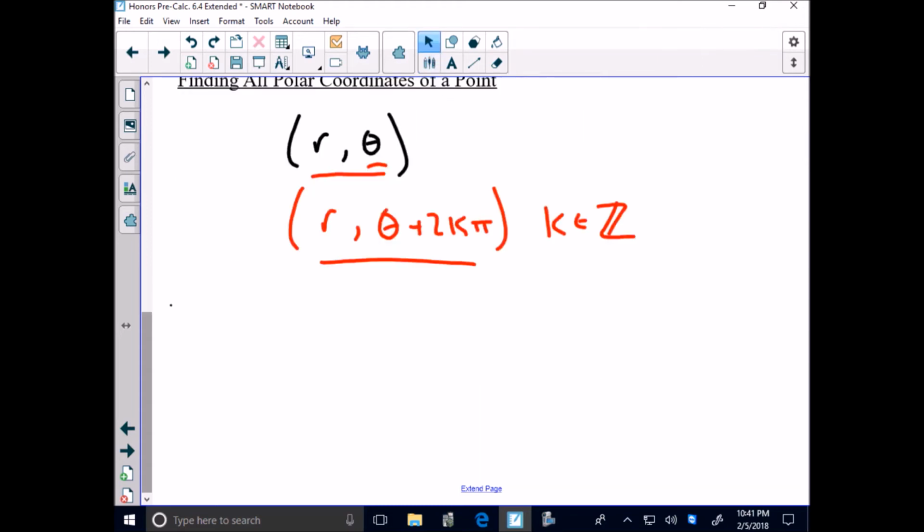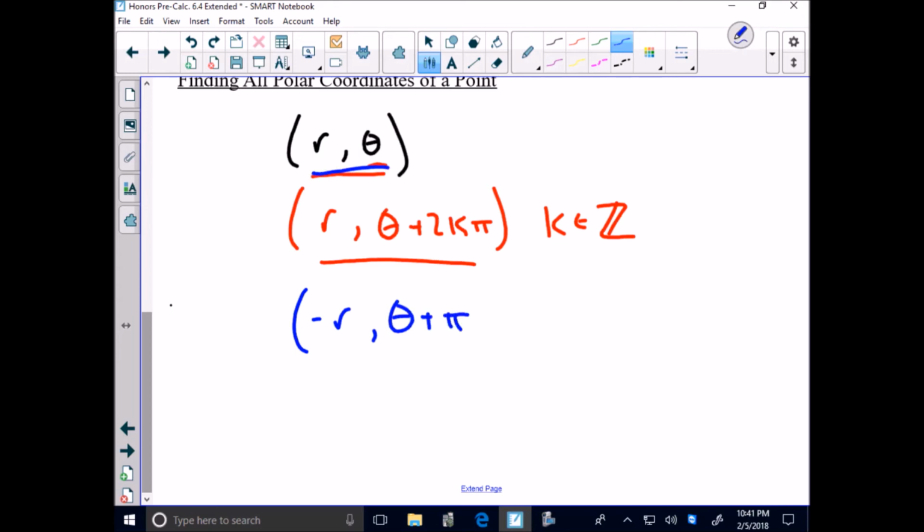Similarly, we can say that if we have a negative r value, a rotation that takes us in the opposite direction, so we could say theta plus pi, will also take us to the same point as r, theta. Now right here, we also have to take into consideration all coterminal angles of this angle right here, theta plus pi. So we would have to say theta plus pi plus 2k pi here as well.